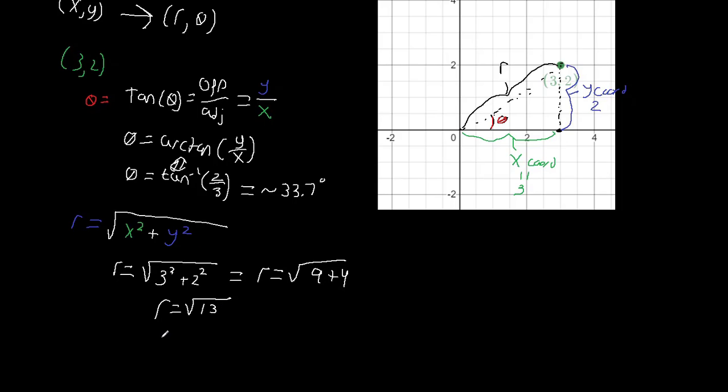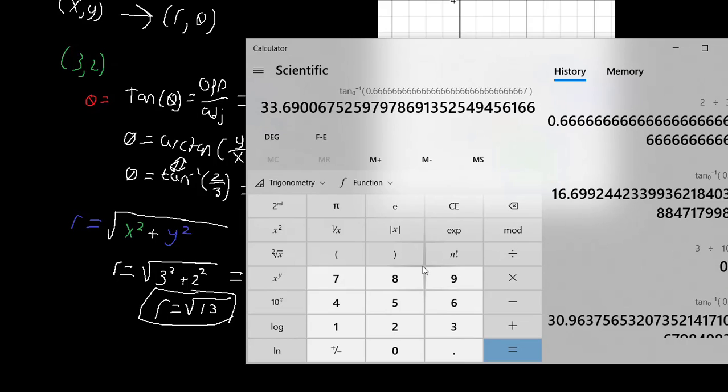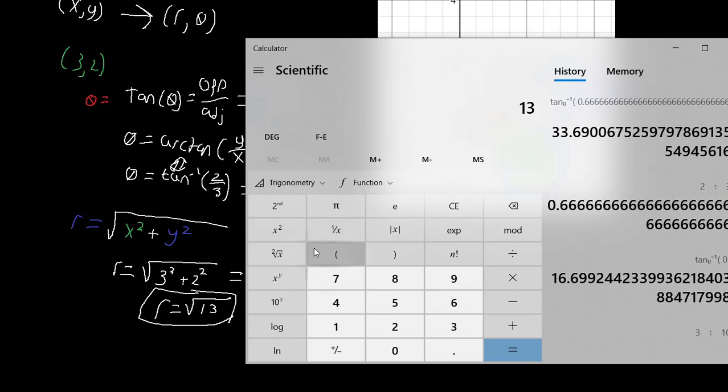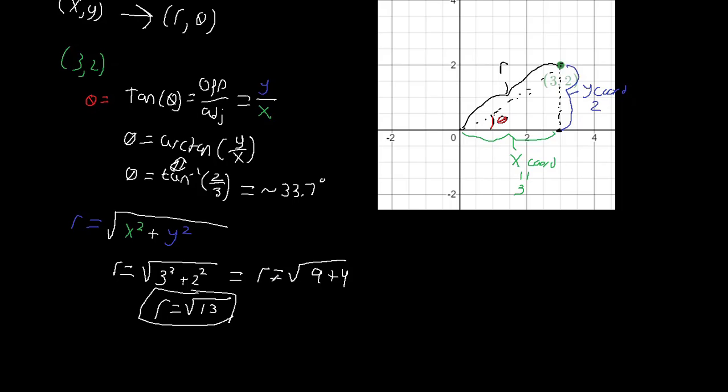Now, obviously, this would be the end of it right here, because we can't reduce that anymore. But let's just assume that we wanted to figure out the approximate value. We could pop back into our calculator, type in 13, and hit the square root button. And we know that that's approximately equal to 3.6.